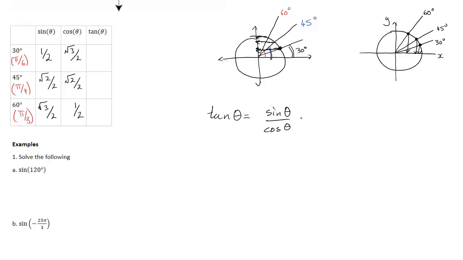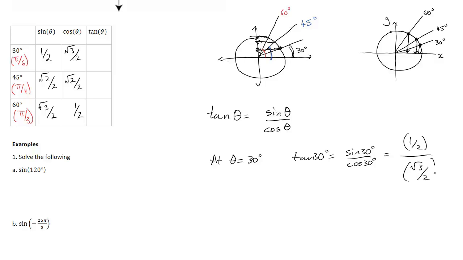So to work out this table, at 30 degrees, we have to substitute in tan of 30 degrees, which gives us sine of 30 degrees, all over cos of 30 degrees. Now, sine of 30 degrees is the same as a half, over cos of 30 degrees, which is square root of 3 on 2.